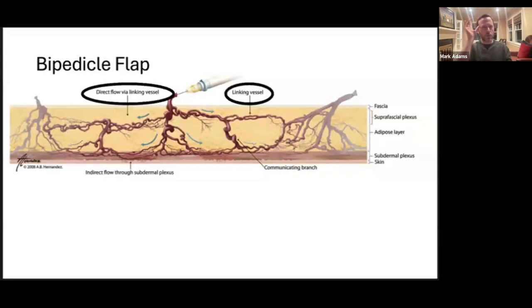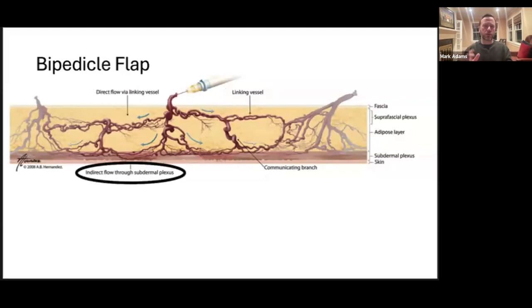So these linking vessels are the direct means of linking one perforator area to the next perforator area. And then the subdermal plexus is what they refer to as the indirect method of communication and blood flow in between adjacent perforators.